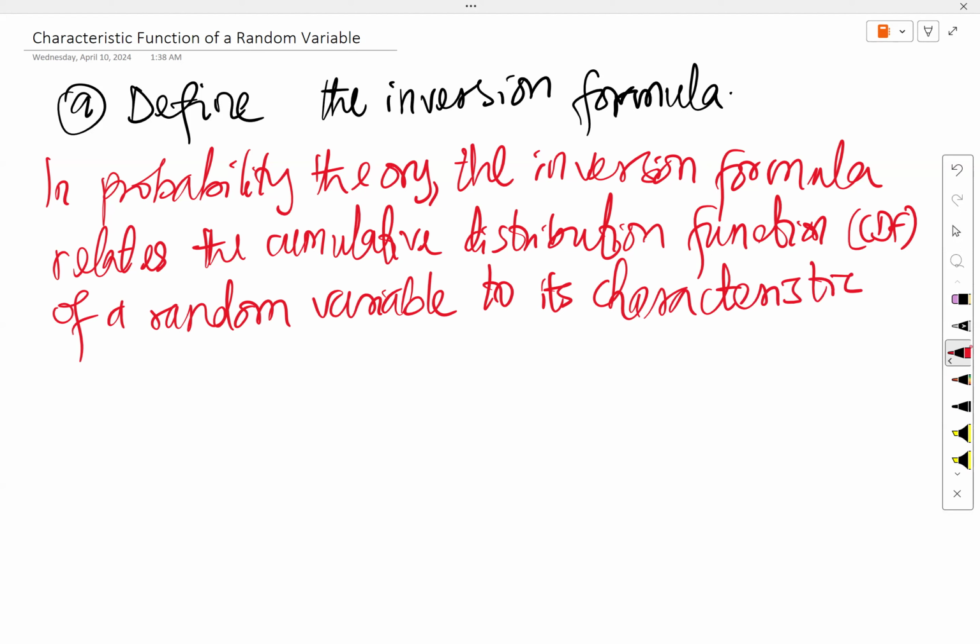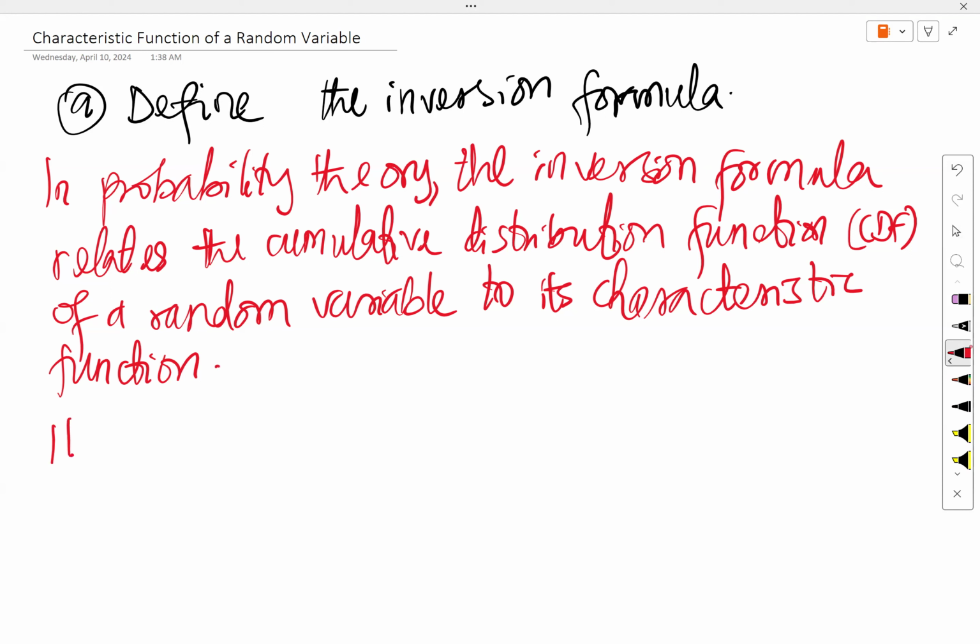Interestingly, the second question is to define the characteristic function, so of course you're going to get to understand this. There's a characteristic function that we talk about in matrices, and in probability theory there's another characteristic function. So, the inversion formula relates the cumulative distribution function of a random variable to its characteristic function.